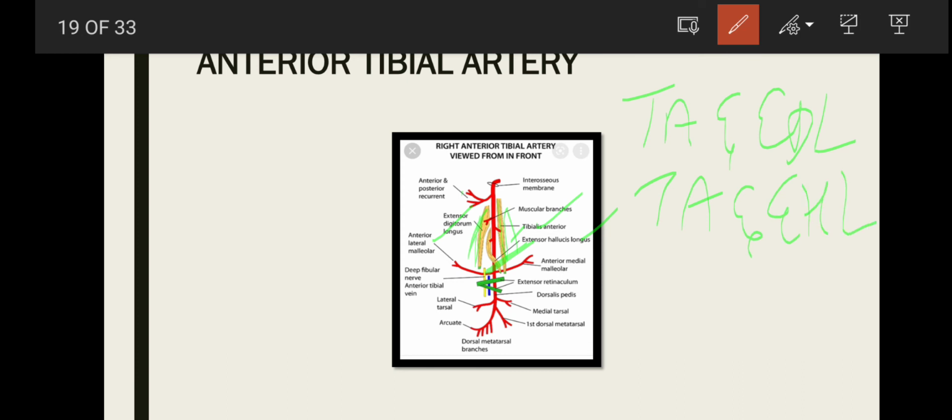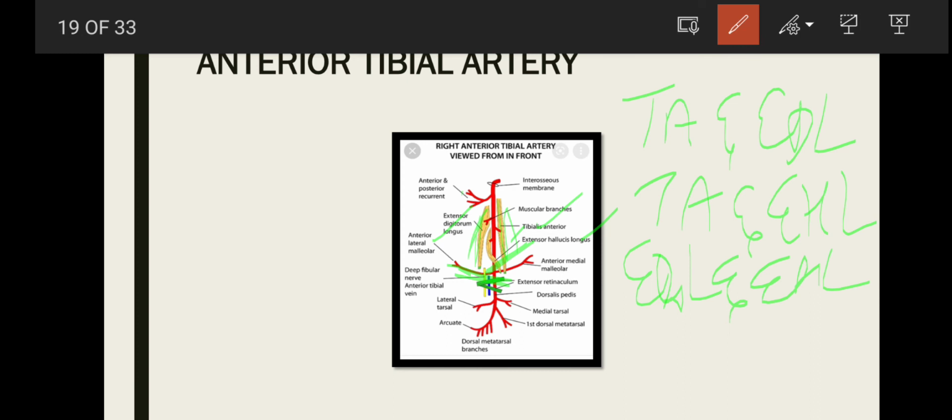Now as it goes down, in the lower part it runs between extensor digitorum longus and extensor hallucis longus. Now as this artery goes between the two malleoli, it becomes dorsalis pedis artery. So this is the course and relation of the artery.